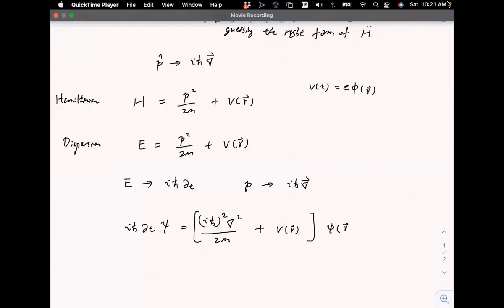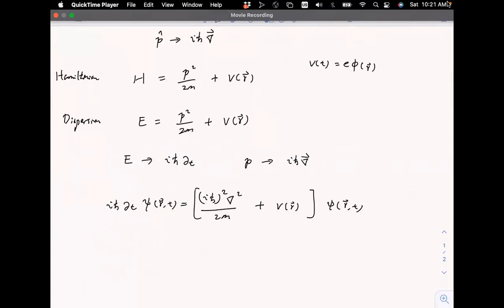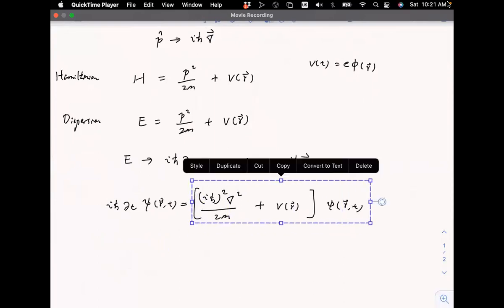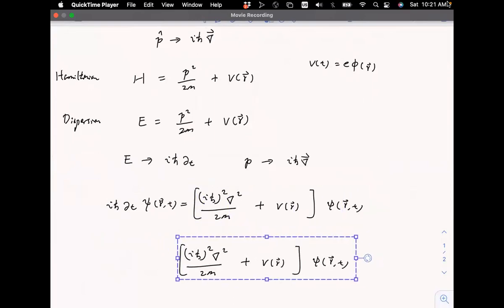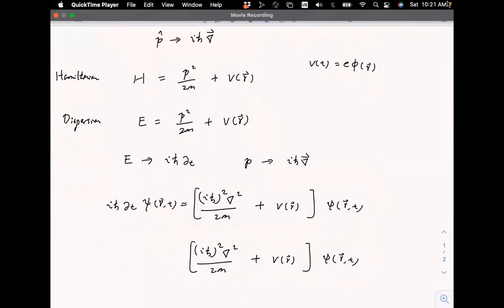Then usually this is the wave function. Then you can copy this and make this negative ħ squared. Okay, so that is the Schrodinger equation that you learn in the textbook.